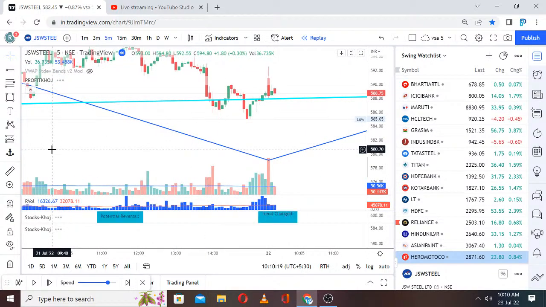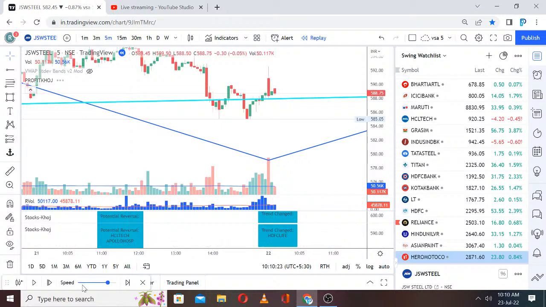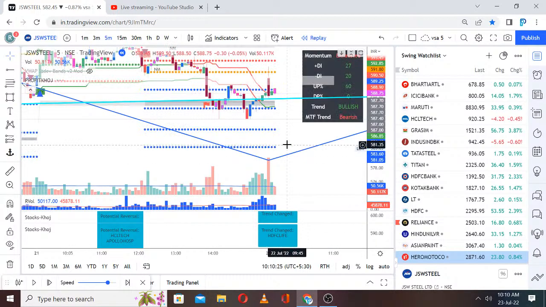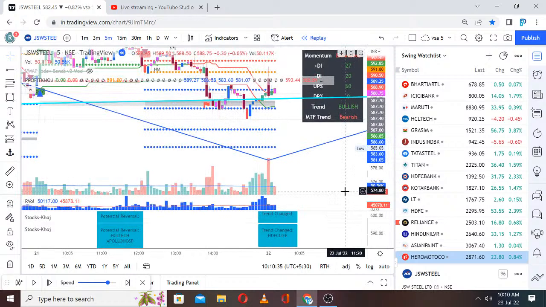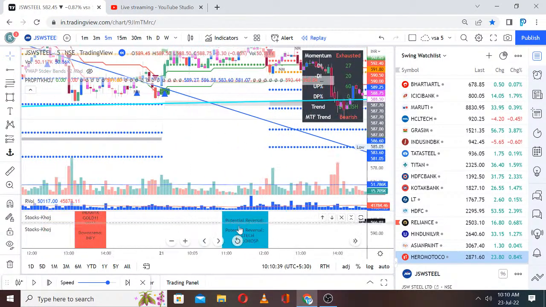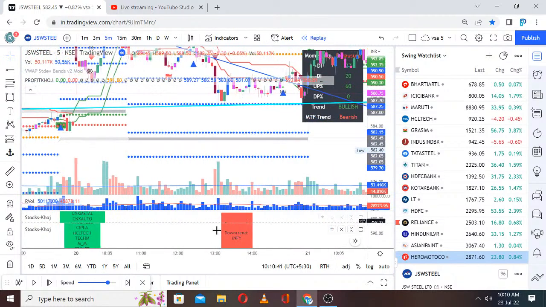Okay, we'll just replay the chart and see what we have. So now the time is 9:25. The market is open. So let's check which sectors are in uptrend.